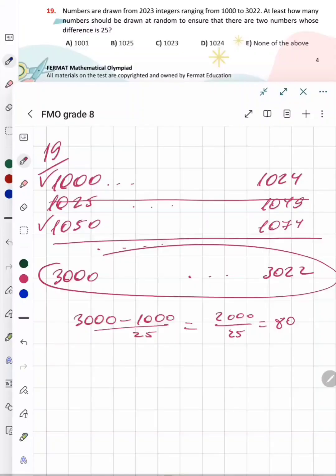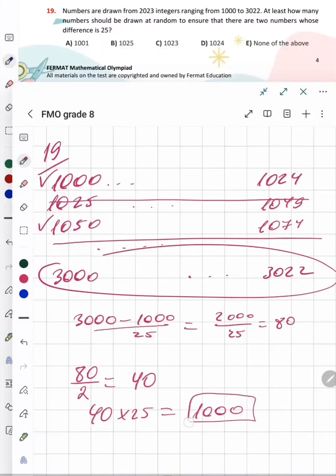Okay, so we have 80 divided by 2. How many blocks we take is 40. 40 times 25 is the number of elements in the worst case, so it will be 1000, plus the 23 numbers.